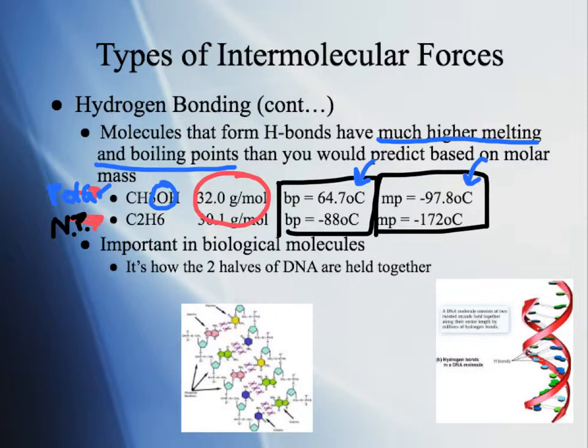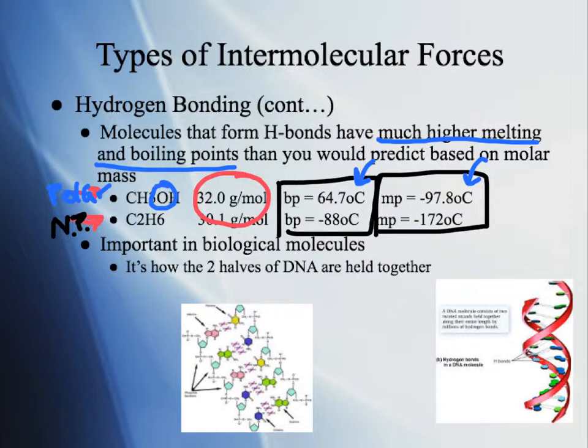For ethane, the boiling point is negative 88 degrees Celsius, which is, I mean, at room temperature, it's a gas, right? Because the boiling point is way below zero.